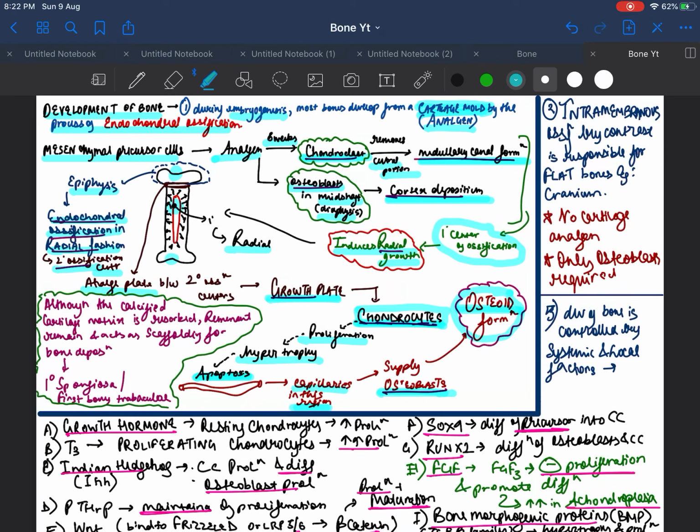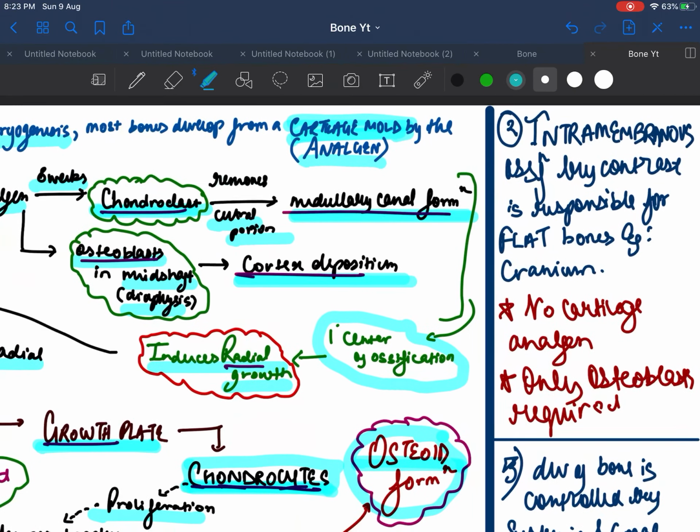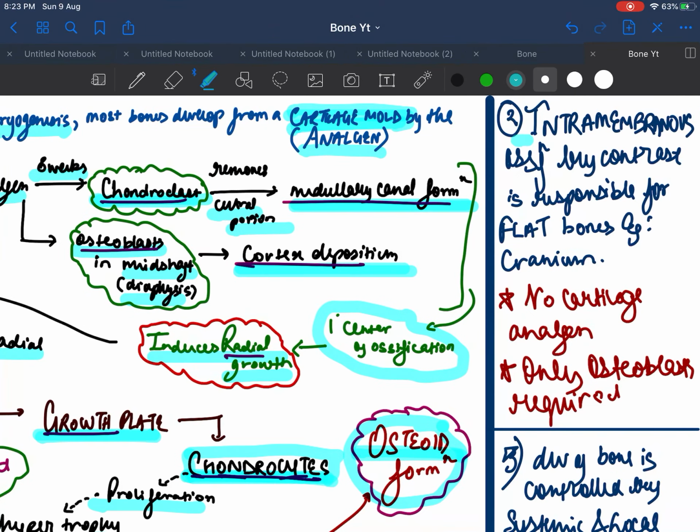This type of development, which is due to endochondral ossification in an annular plate, usually occurs in long bones. Now what happens in flat bones? Usually in flat bones, there is intramembranous ossification. For example, what flat bones do we have?